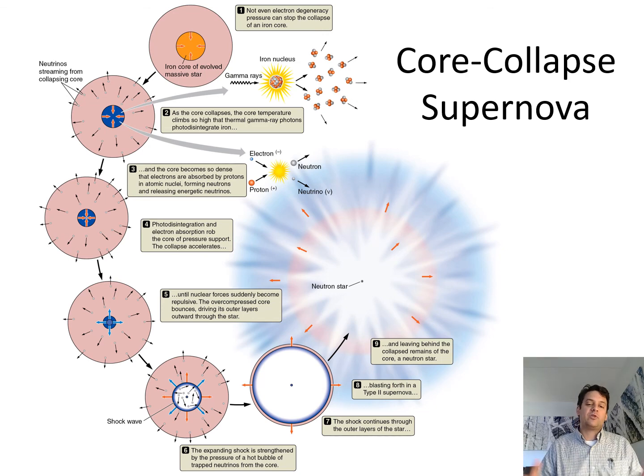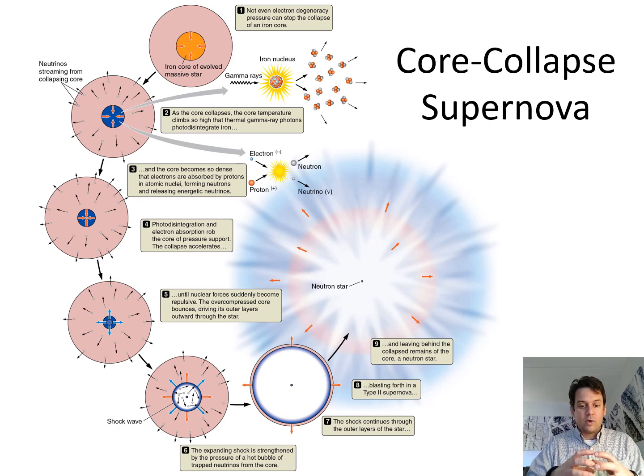Well, what happens when that core collapses? Nothing stops it, it turns out. Much like we saw in a type 1a supernova, in which a white dwarf exceeds the Chandrasekhar limit, collapses, and then bounces back out and explodes, we're going to have what's called a core collapse supernova here, which is what it sounds like.